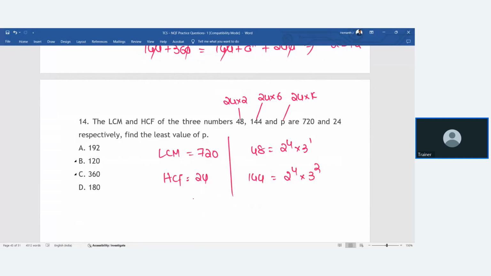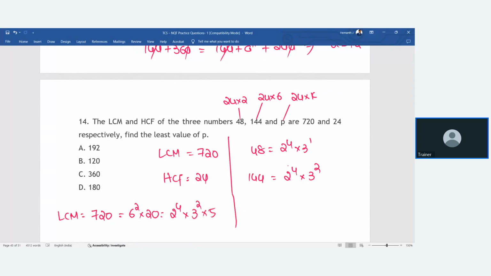And 720 is the LCM, which is 36 into 20, that is 6 square into 20. 6 square is 2 square into 3 square, times 20, which gives 2 power 4, 16, into 45. So 45 means 3 square into 5.